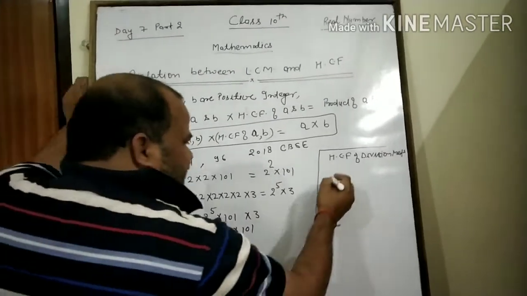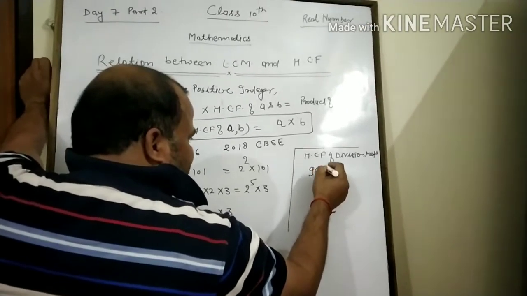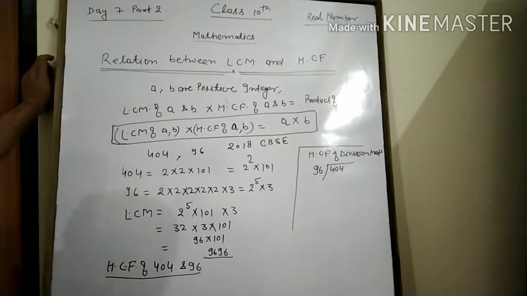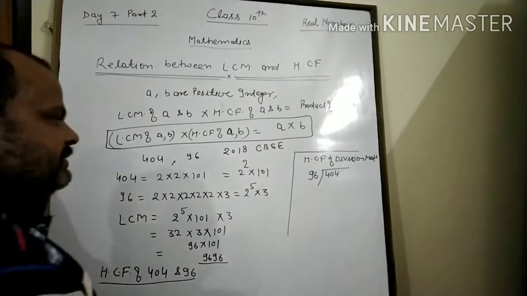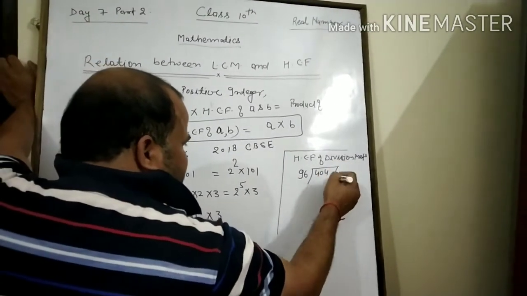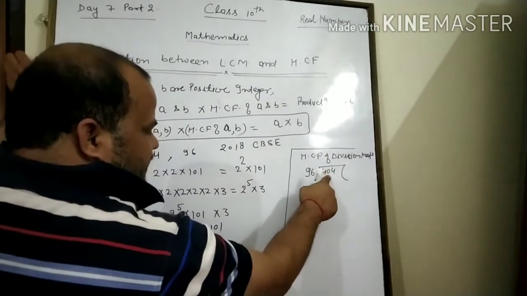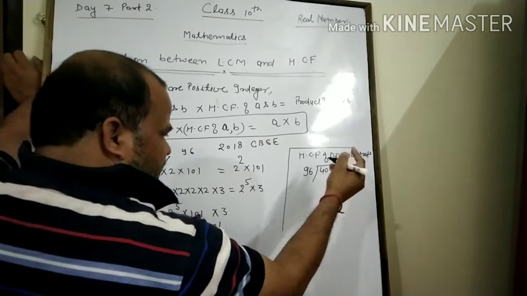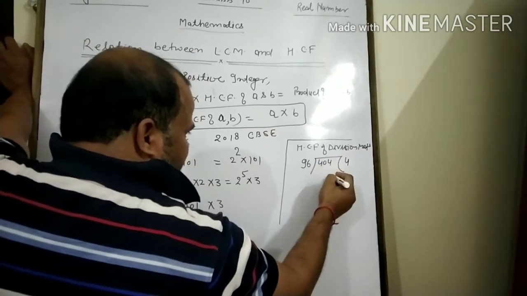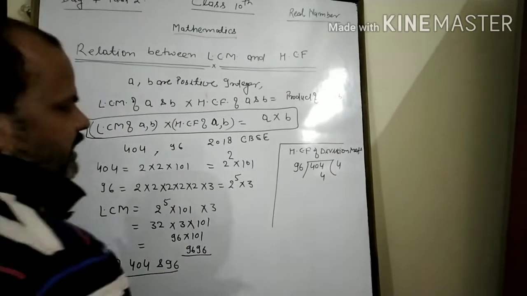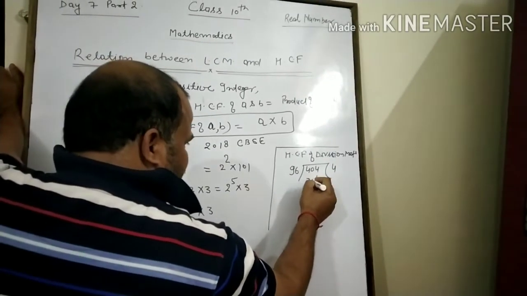First of all, 96 as a divisor and 404 as the dividend. Clear? Then it comes in 4 times. 4 sixes are 24, 4 nines are 36, and 2 and 38.